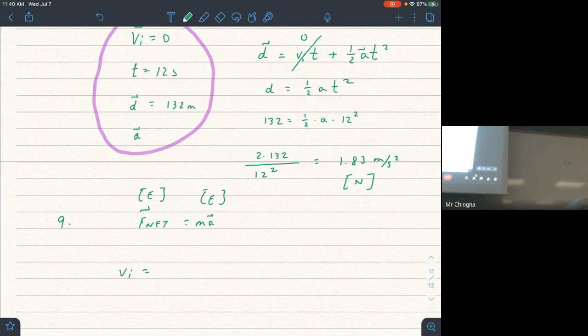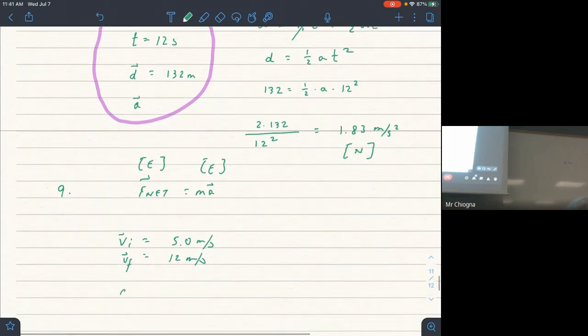Same direction. VI is 5. VF is 12. The distance is 94.